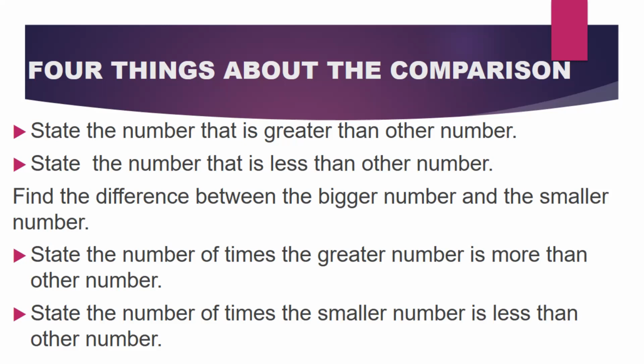It will be in a statement form, but mathematically, you have to write it in this form. First, you state the number that is greater than the other. Second, you state the number that is less than the other number. After then, you work out to find the difference between the bigger number and the smaller number. Then use the difference to state the third and fourth statements.